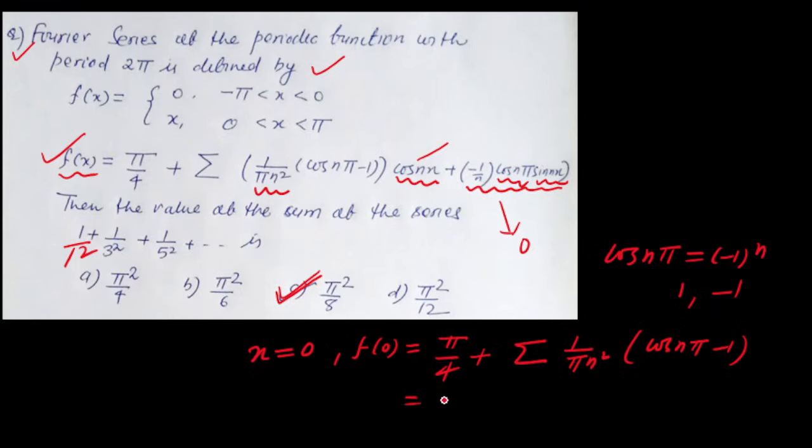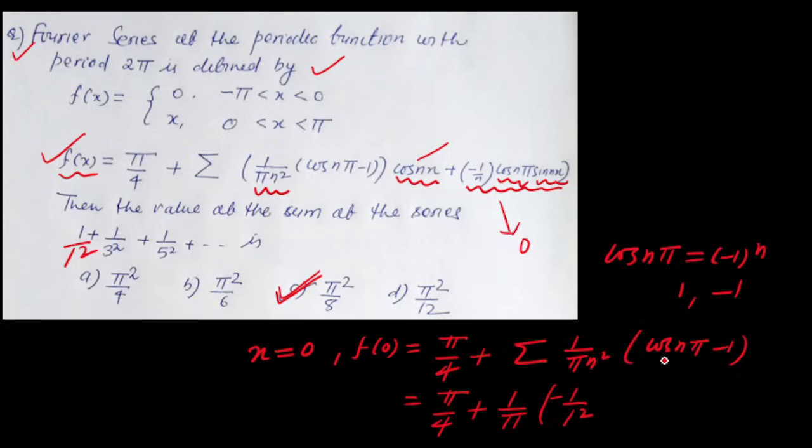So this will be like what? This will be like pi by 4 plus 1 by pi, which is constant and can be taken out of the summation. All the even terms will become 0, and for all the odd terms, you will get this value as minus 1. So for n is equal to 1, I will get 1 by 1 square and then minus 1 by 1 square.